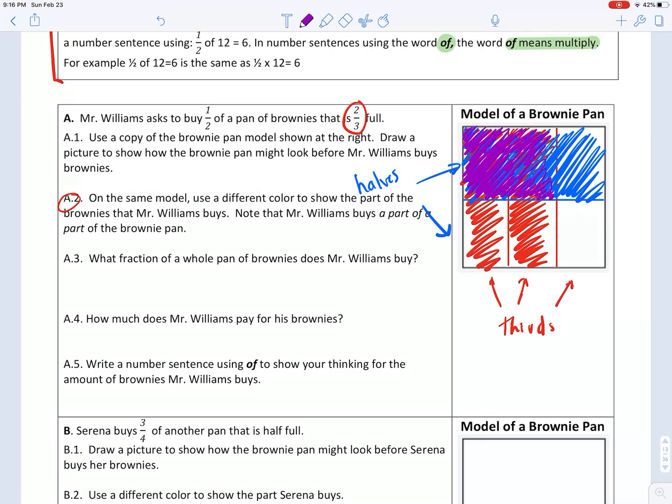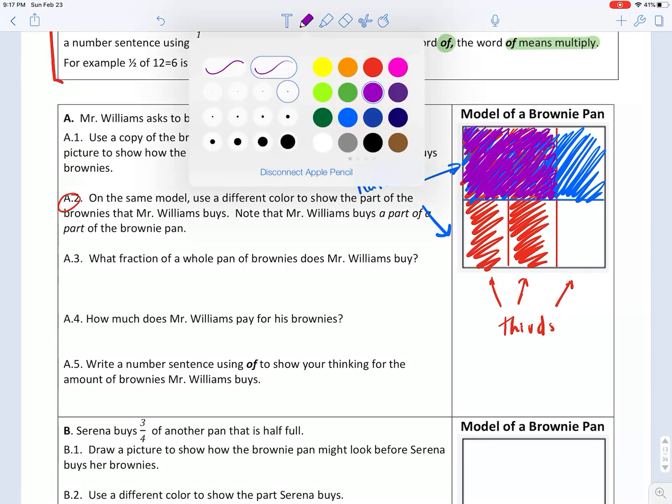So red and blue make purple. Boom. That purple section is how much Mr. Williams buys.